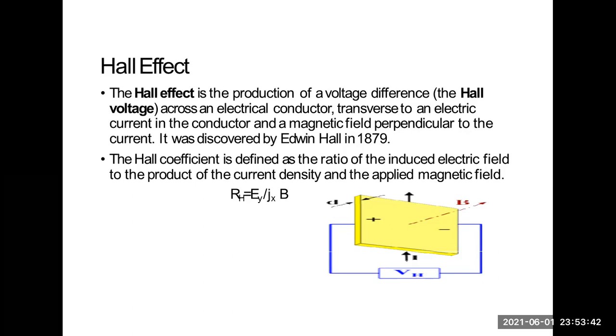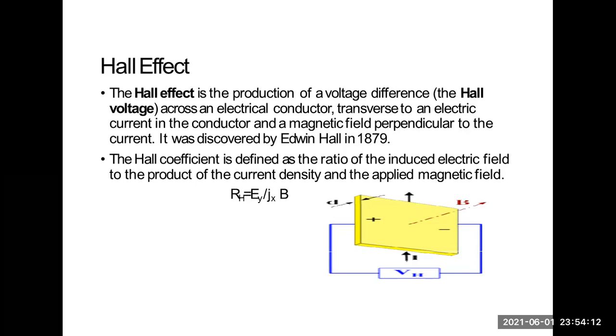The Hall effect is when a metal or a semiconductor carrying current is placed in a transverse magnetic field, a voltage is generated. That voltage is known as the Hall voltage, and the phenomenon is said to be the Hall effect. This Hall effect was discovered by Edwin Hall in the year 1879.